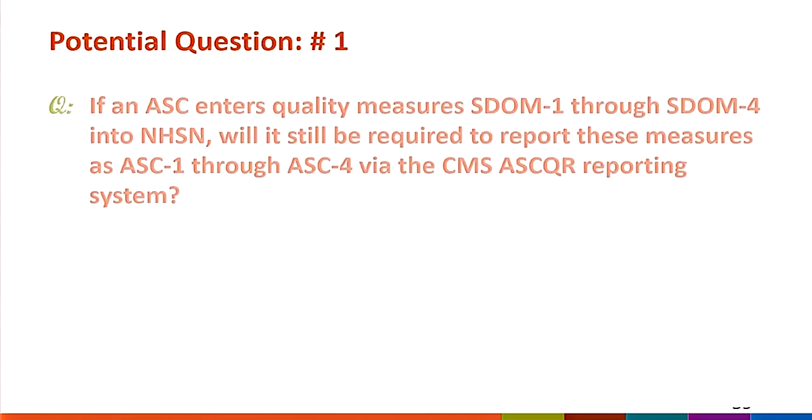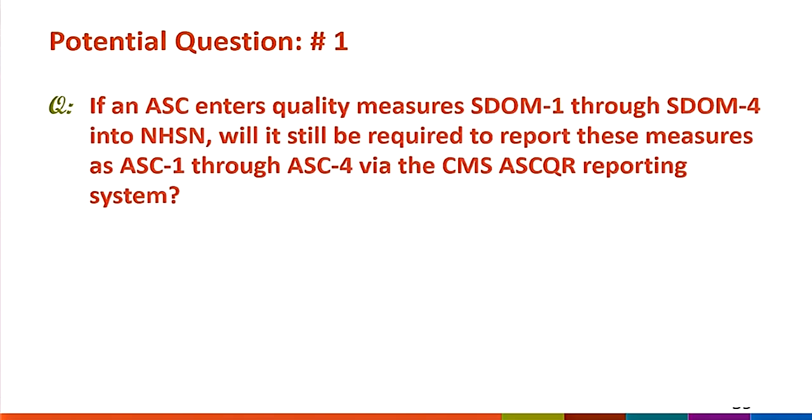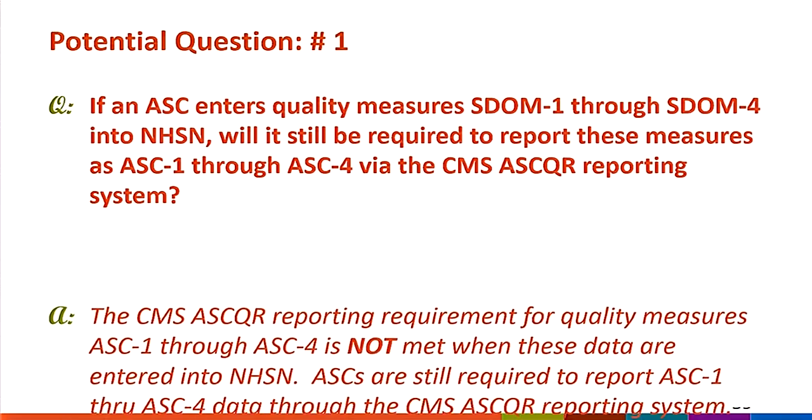We'll look at a couple of questions that may come to mind. They're termed here as potential questions. The first is, if an ASC enters quality measures SDOM1 through SDOM4 into NHSN, will it still be required to report these measures as ASC1 through ASC4 via the CMS ASCQR reporting system?